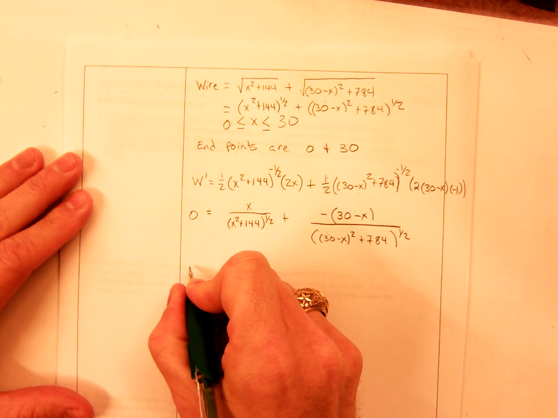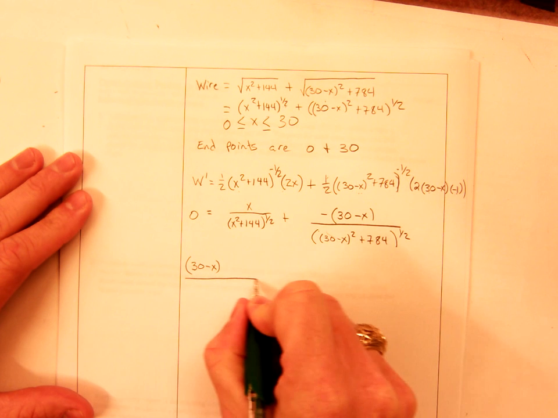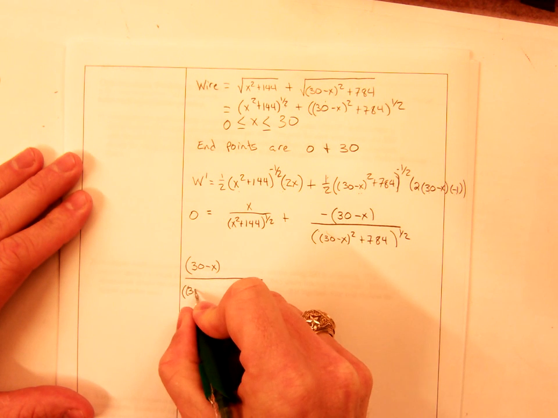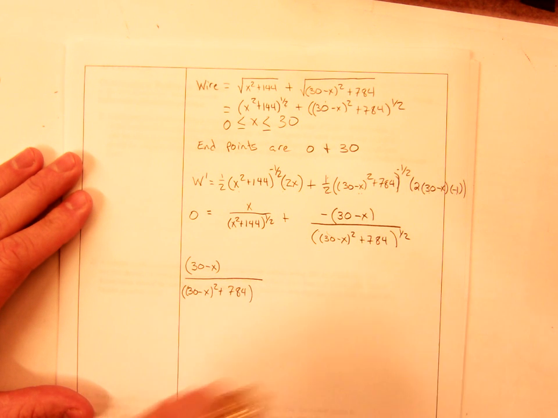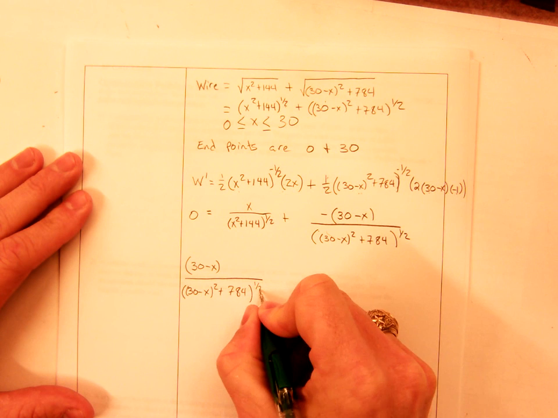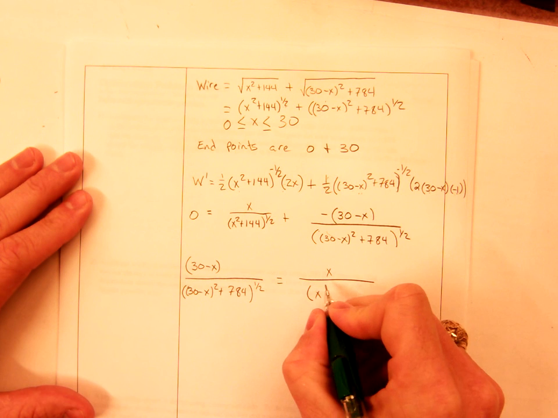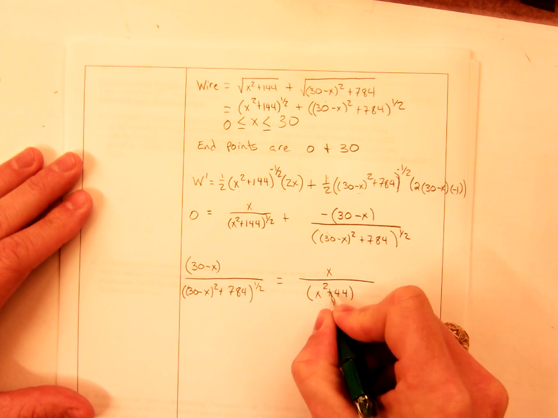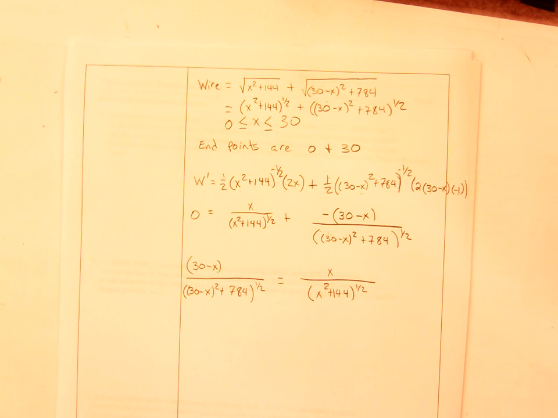And I'm going to end up with 30 minus x over the square root of (30 minus x) squared plus 784, and that's equal to x over the square root of x squared plus 144. Now, I want to cross multiply.